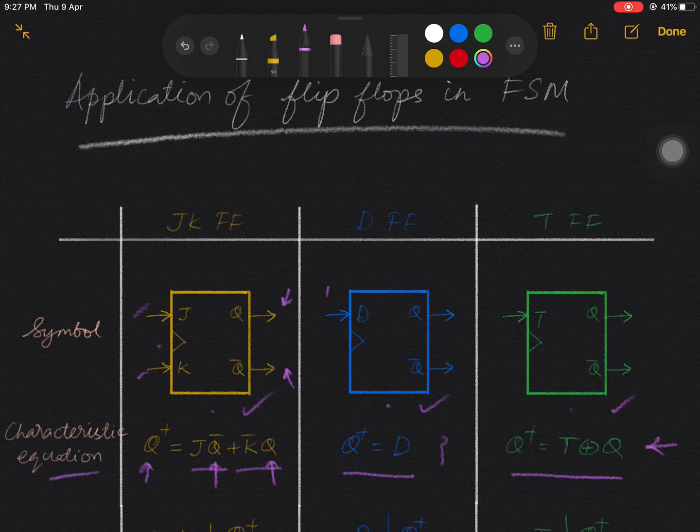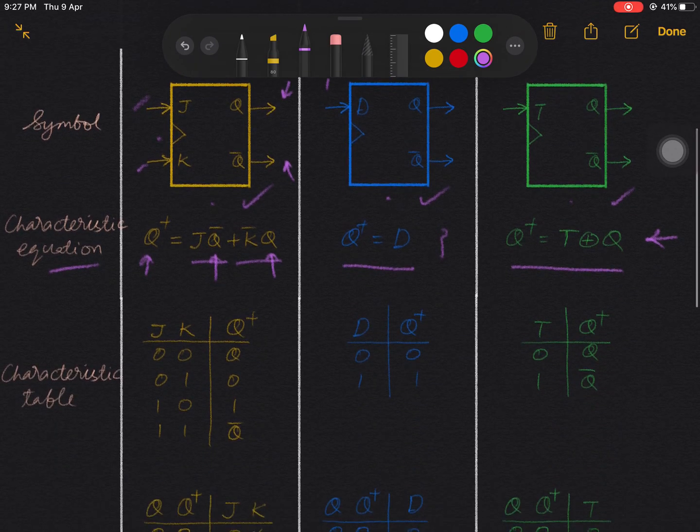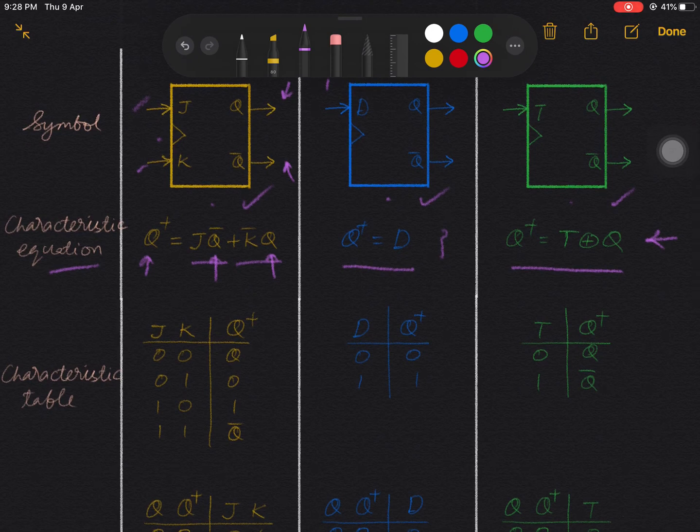Alright, so in all flip-flop types, the next state Q plus is placed on the left hand side of the equation, as can be seen here.